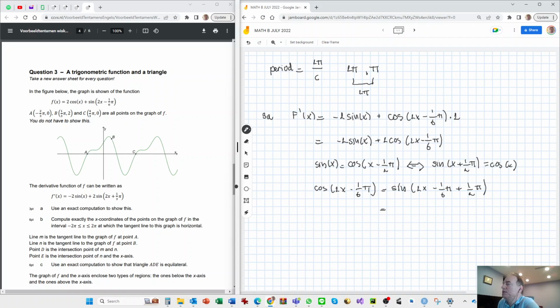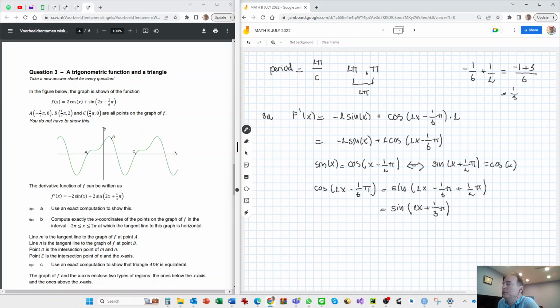And so we need to know what is minus 1/6 plus 1/2. That is minus 1 plus 3 divided by 6. It's 2/6, which is 1/3. So we get the sine of 2x plus 1/3 pi, which is actually what you see right here.